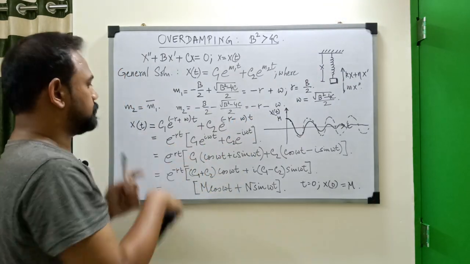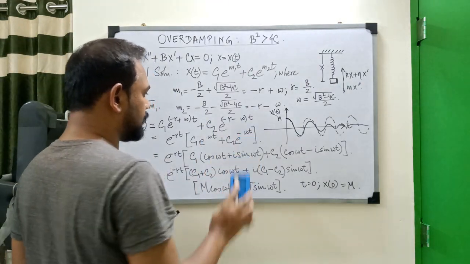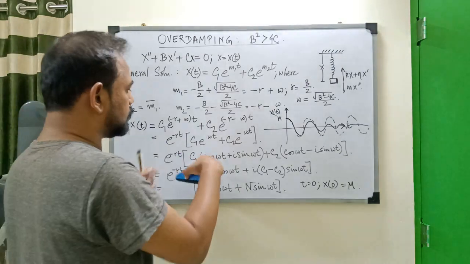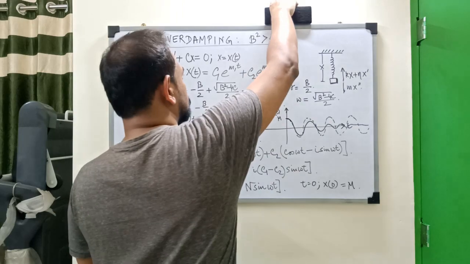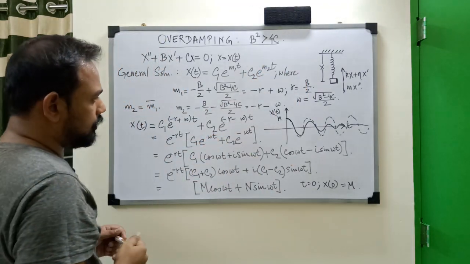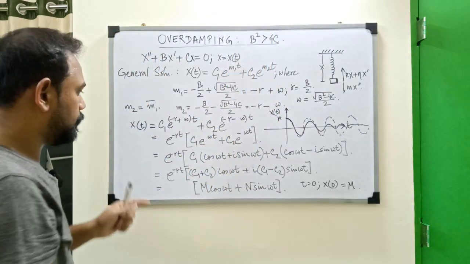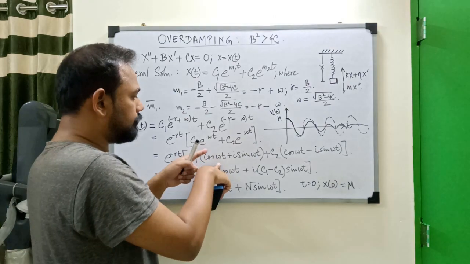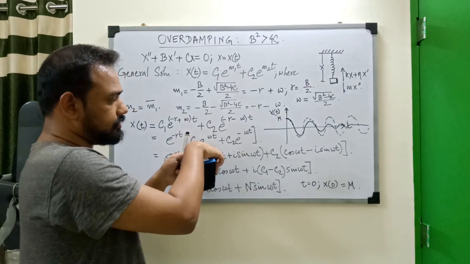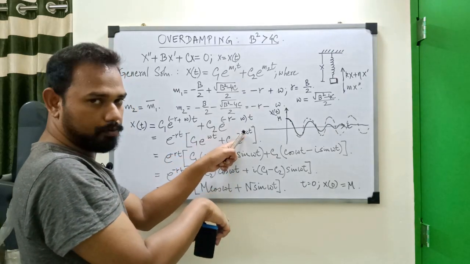And now, because these are just exponentials, I can't turn this into cosine and sine. Euler's identity does not apply here, because the index is no more imaginary.